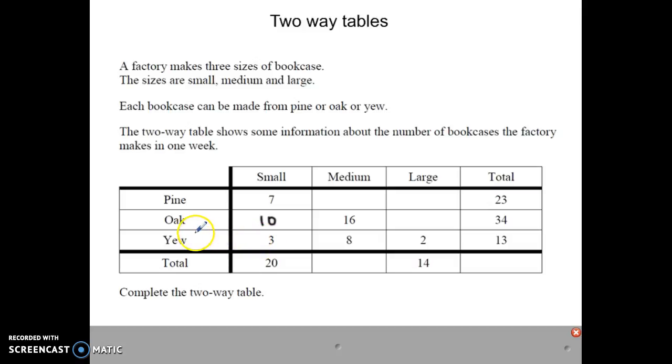Next, I'm noticing in the row for oak, small plus medium comes to 26. The total is 34. So my difference between 26 and 34 must be 8. So I'll write in an 8 here.